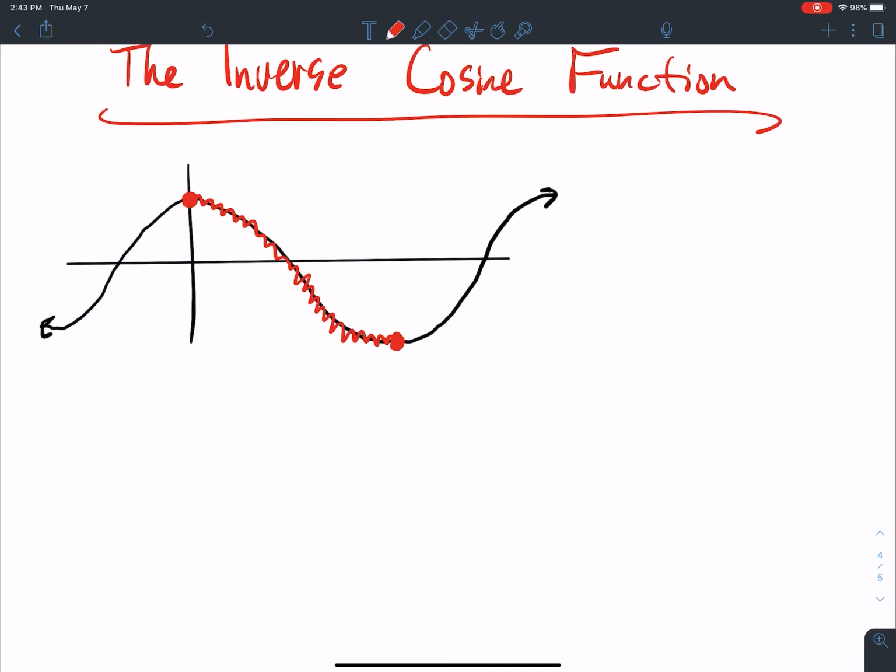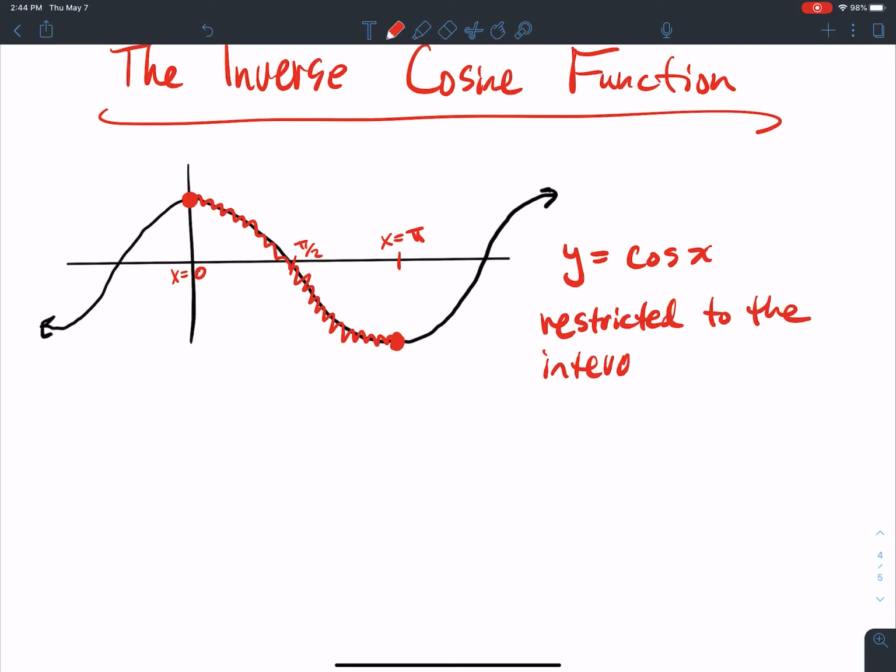Well, where does that occur? Well, this is going to occur from x equal to 0. Here when we cross, that's pi over 2, and so that means that right here, this is x equal pi. So y equals the cosine of x restricted to the interval 0 to pi.